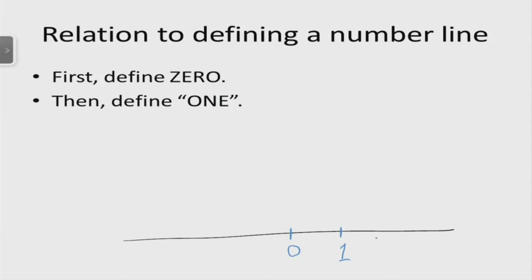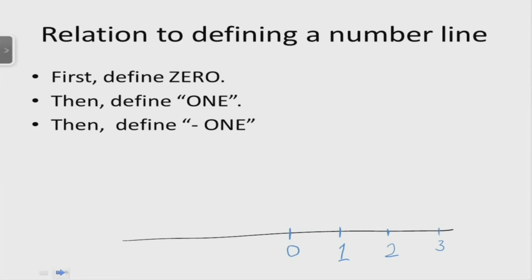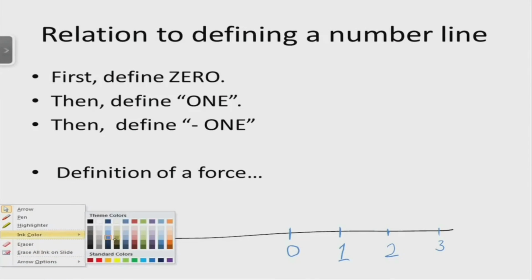And the moment I define 1 unit, I can use other rules of mathematics to define a 2, I can define a 3 by simply saying that I add 1 unit to the previous unit and I get the number 2. So, Newton's first law defines what 0 force would look like, and the next thing to do is to define what my -1 would look like, which would give me the complete number line.